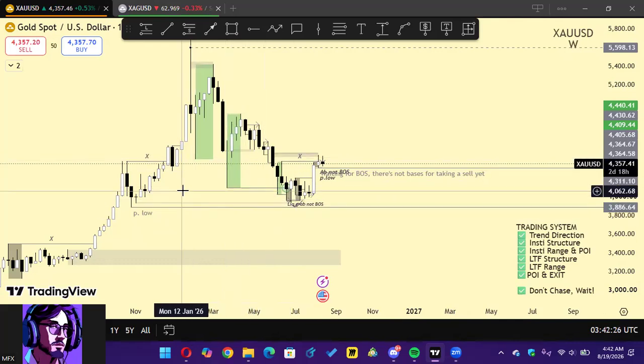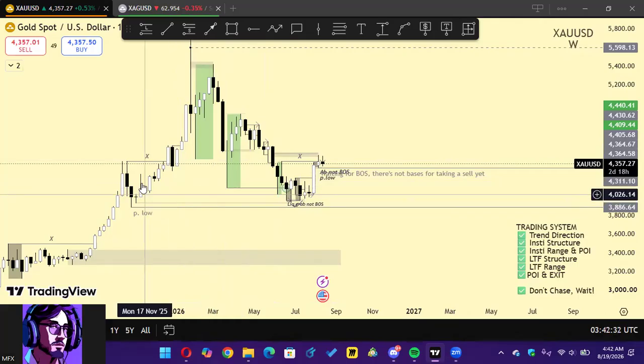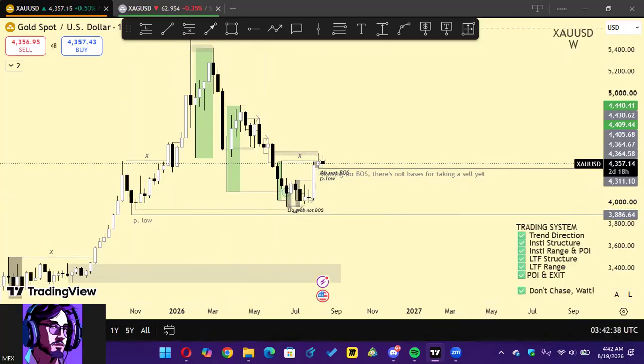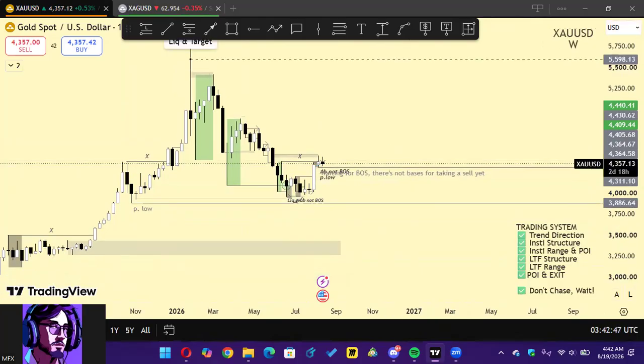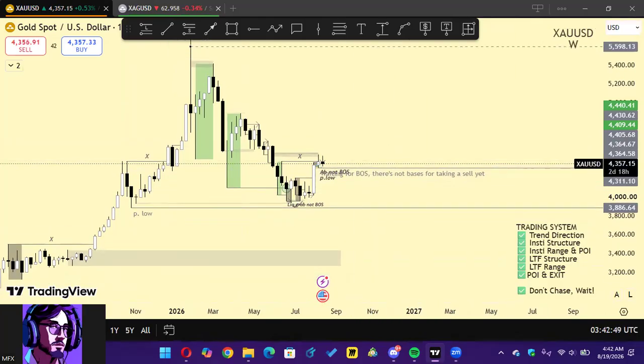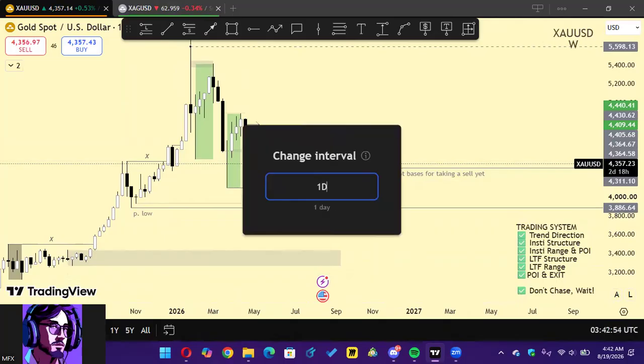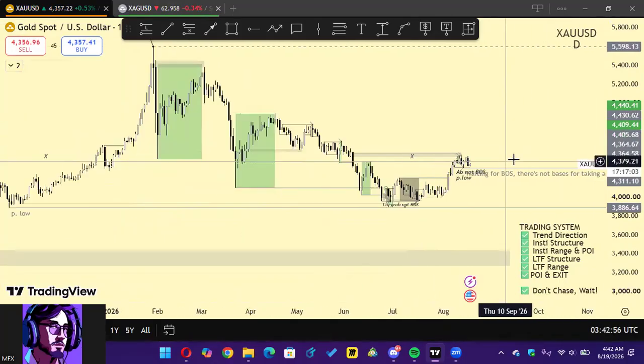We mitigated the POI of this institutional range, which seems most likely where we are going to continue our bullish trend. So I believe this is the bounce back where we continue hitting those bullish trends on XAU USD. So I'm going to take you guys down to a big time frame.